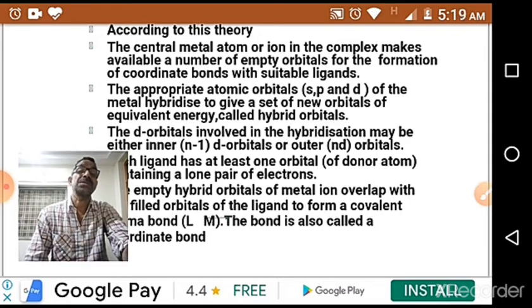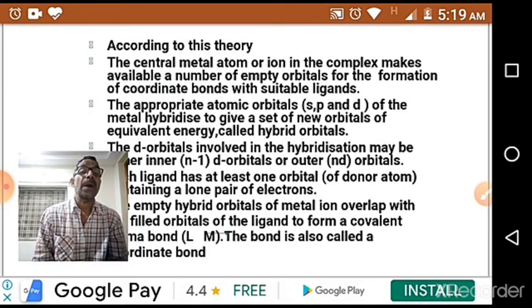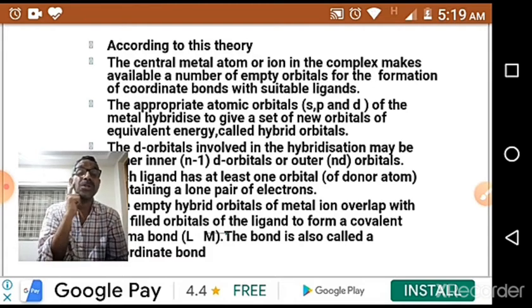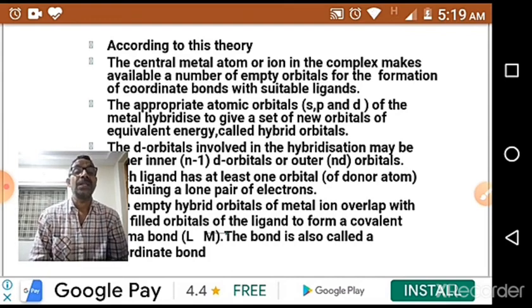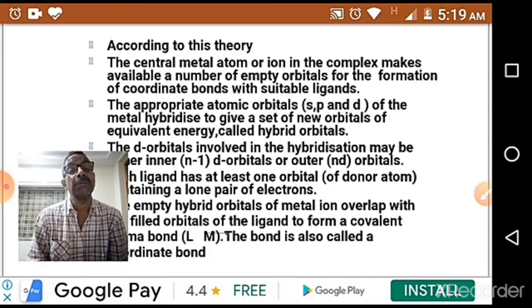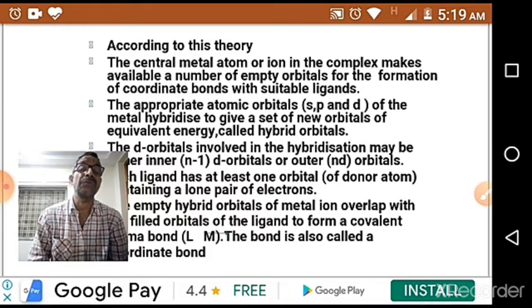So for this, the central metal atom has to arrange empty orbitals. Why empty orbitals? In a coordination compound, we know that a metal-ligand bond should occur. There should be a coordination bond between metal and ligand. In the coordination bond, a bond forms between an electron pair donor and an electron pair acceptor.